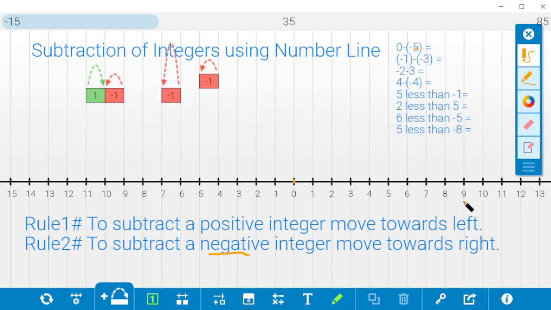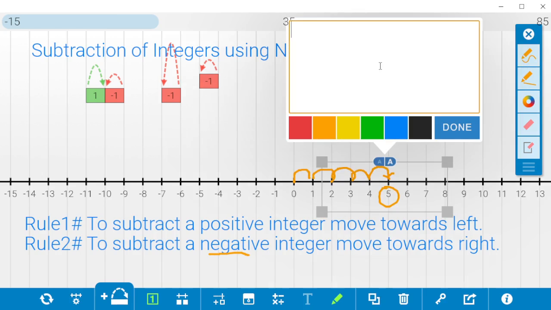So let us see. We have to move towards the right direction about 5 steps. So this is 1, then 2, then 3, then 4, then 5. Yes, here it is. So we got the answer as positive 5.